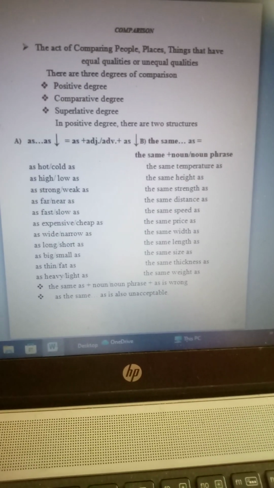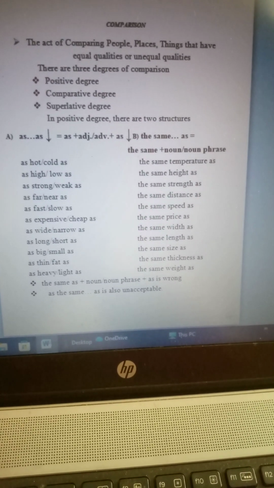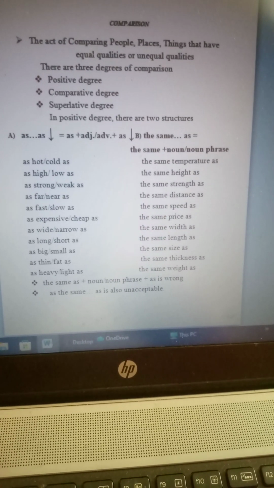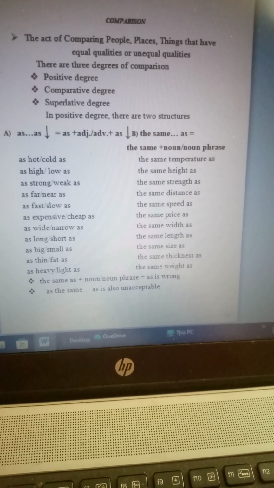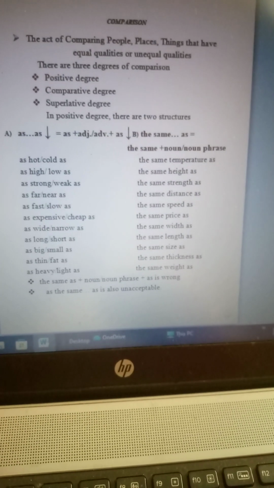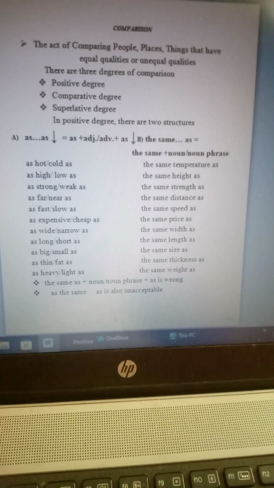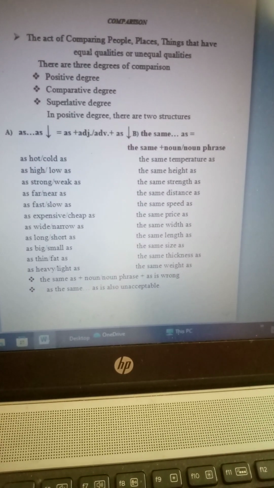In each case, let's look at the form of the construction, taking the examples. Adjectives or adverbs are used in the first structure. Nouns or noun groups are used in the second form or the second structure of the positive degree.